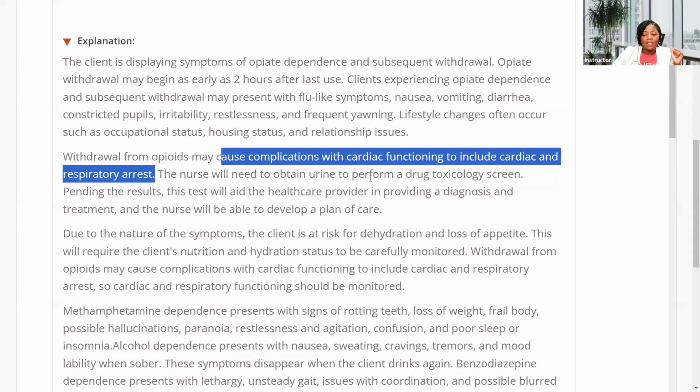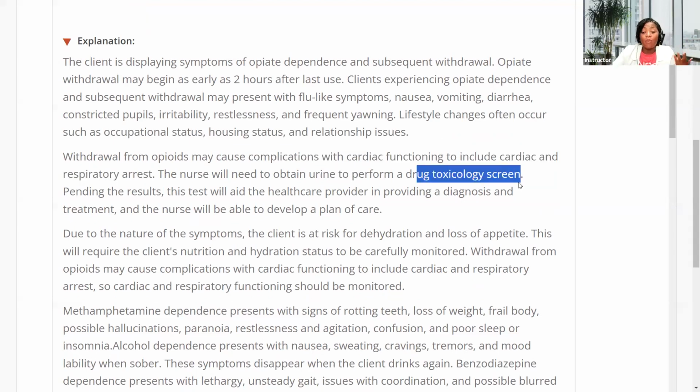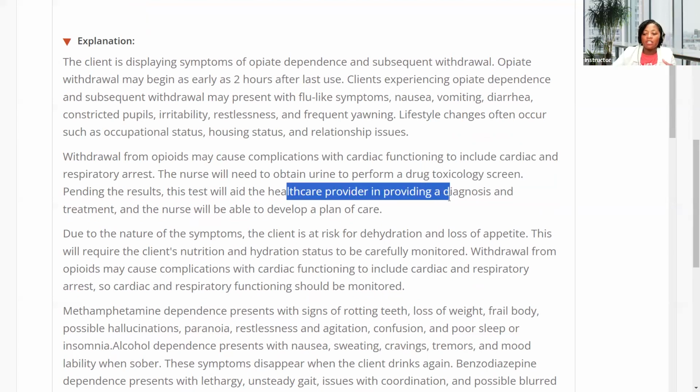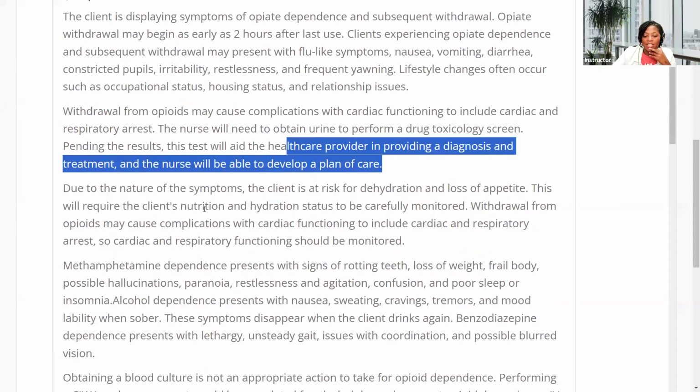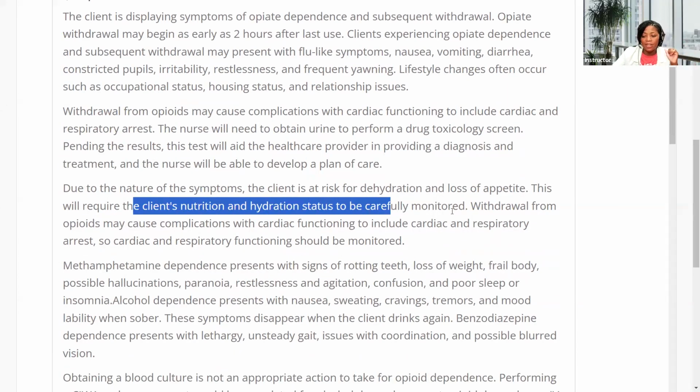So the nurse would need to obtain urine. Once again, that's going to tell us what's in the body, what's in the system. It also will help the provider to make a diagnosis and then ultimately treat the patient, and the nurse to develop a plan for the patient. So again, we said the hydration and nutrition was important. We want to monitor that, and so forth.